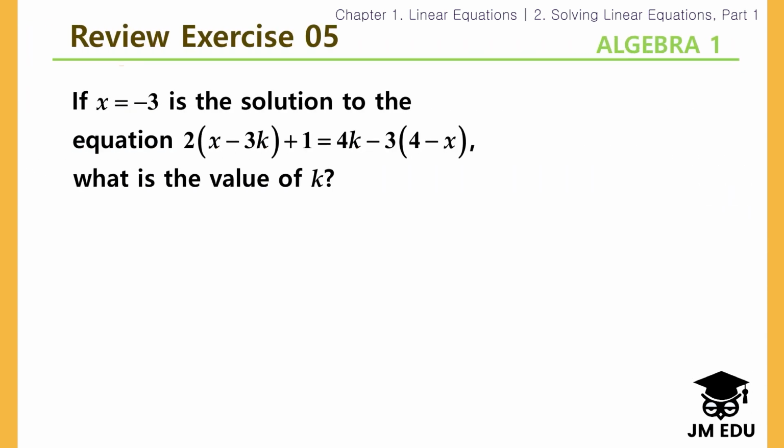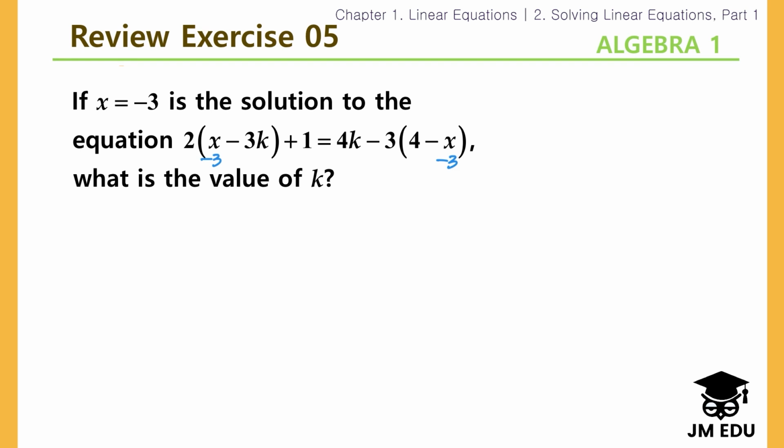Okay, number 5. If x is equal to negative 3 is the solution to this equation right here, what is the value of k? So what I'm going to do is substitute negative 3 for x, because the problem says x is equal to negative 3 is the solution to this equation, right?